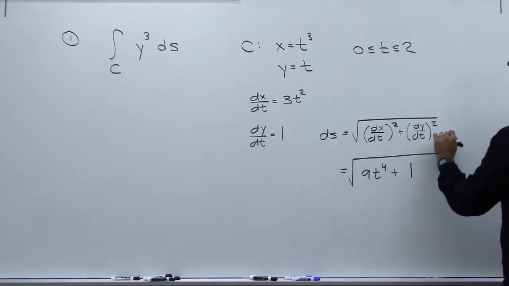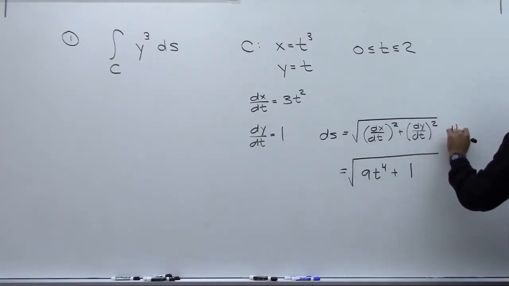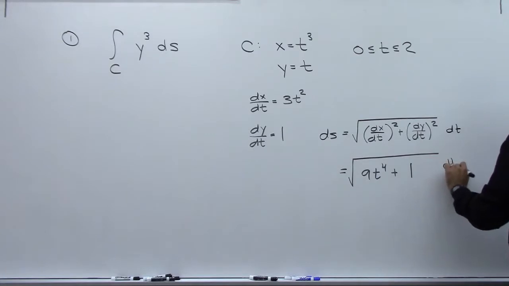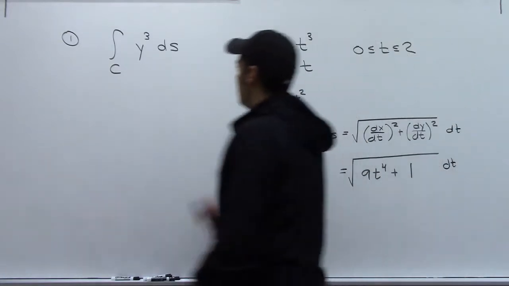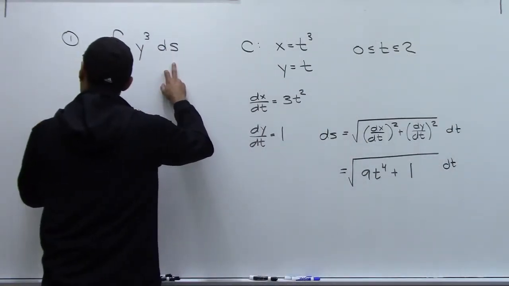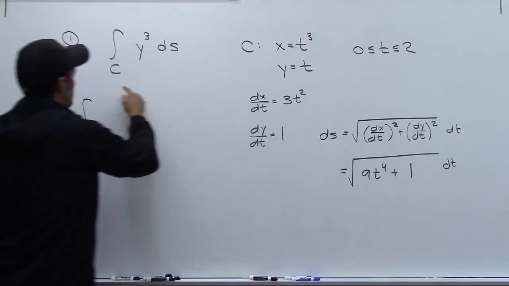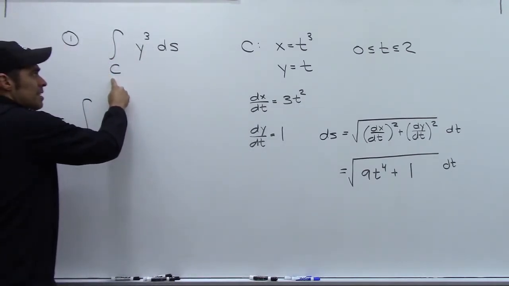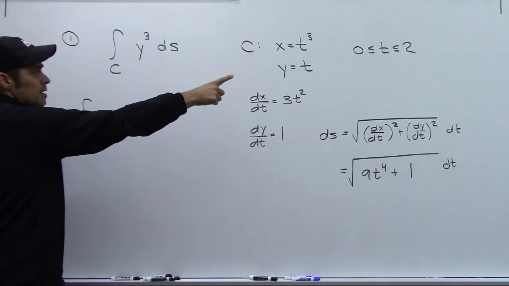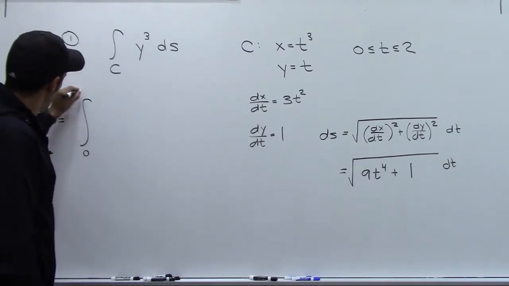And, oh, I'm sorry, I forgot. Out here, we'll have dt. So this will become the integral, and over this curve, t is going to be our variable, so t varies from 0 to 2.